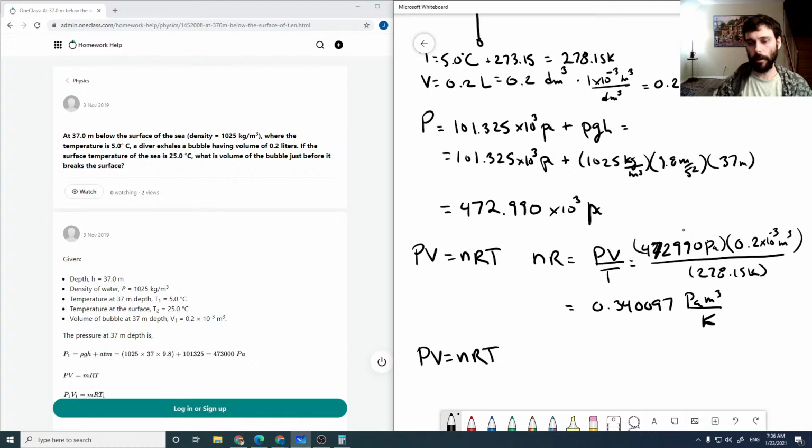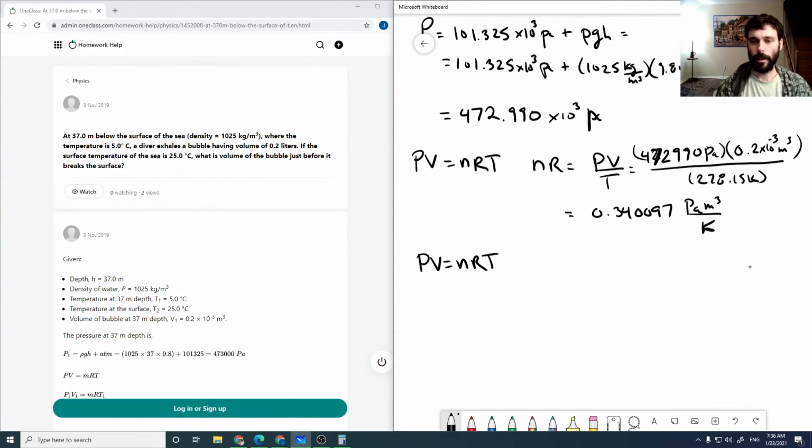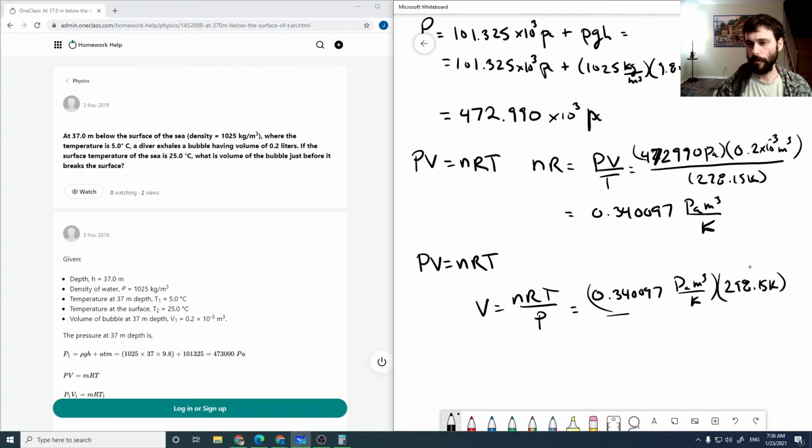And I'm solving for my volume, so I can rearrange as volume is nRT over P, which is going to be my nR factor here, times my temperature, which I solved out as 298.15, and my pressure, which is 101.325 Pascal. Canceling some units, then we're going to get a meter cubed unit, which is a volume, so that's good.